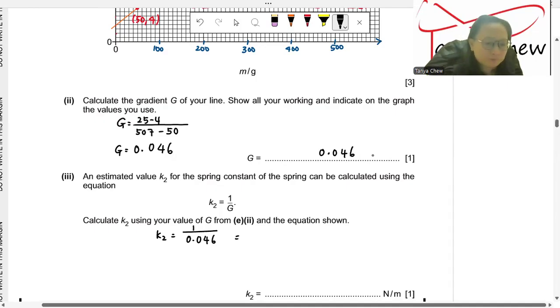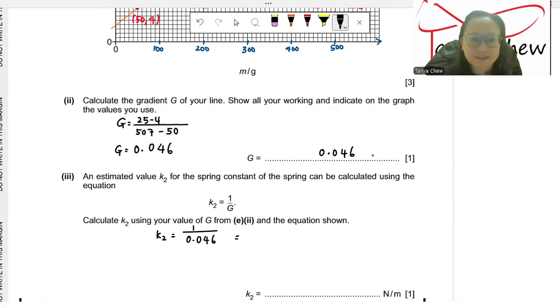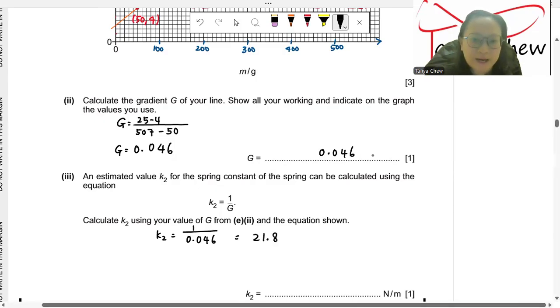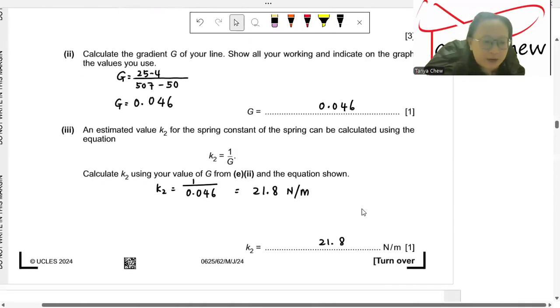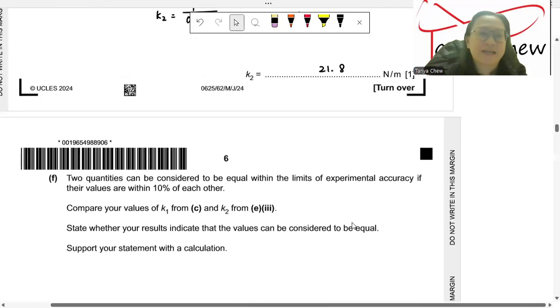I got 21.76 or 21.8 Newton per meter. 21.8 Newton per meter, that's my answer. Just make sure that I get the correct value, 0.046, and I got 21.8, yes.